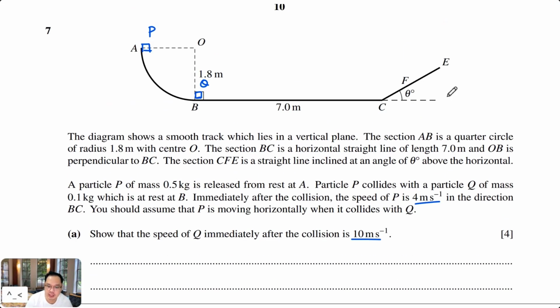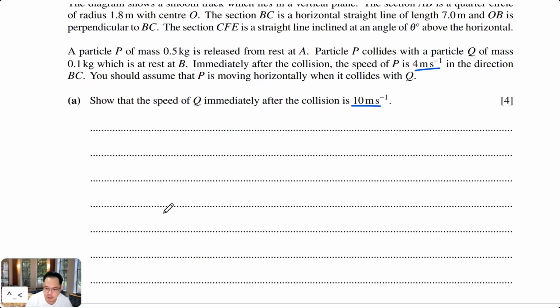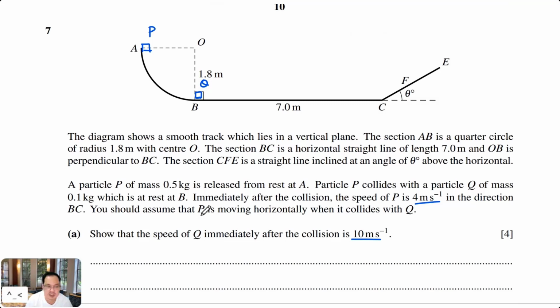To prove this, to find the speed of Q after the collision, we need to use the conservation of momentum, because anytime a problem in mechanics and also in physics mentions collisions, it is like 99% definitely that we have to use the conservation of momentum, because momentum is always conserved in both types of collisions, elastic and inelastic, and also in explosions.